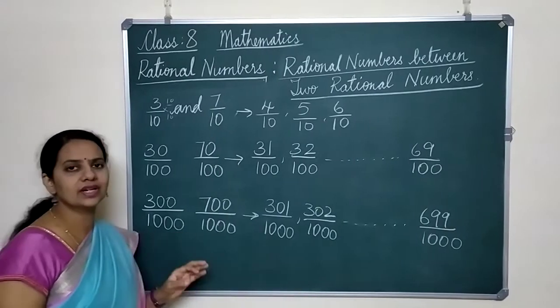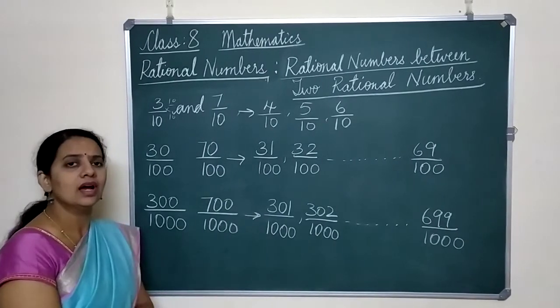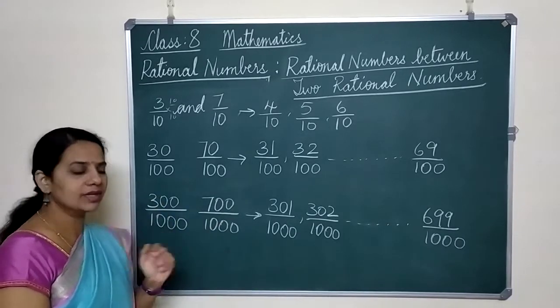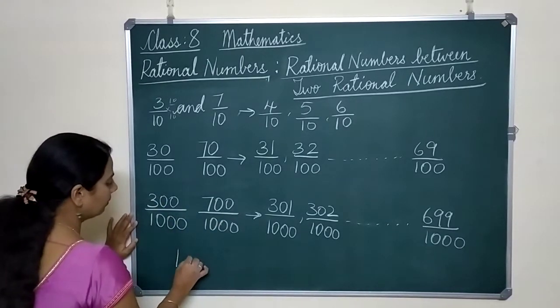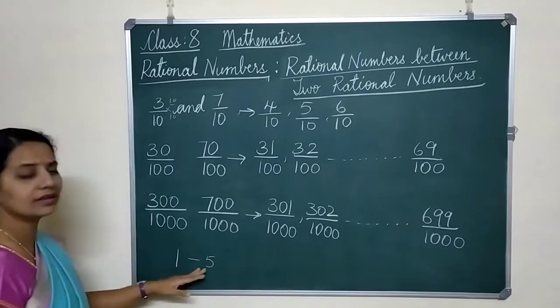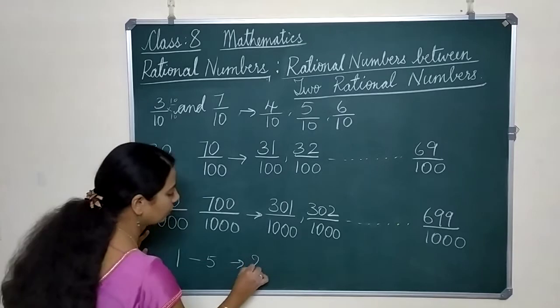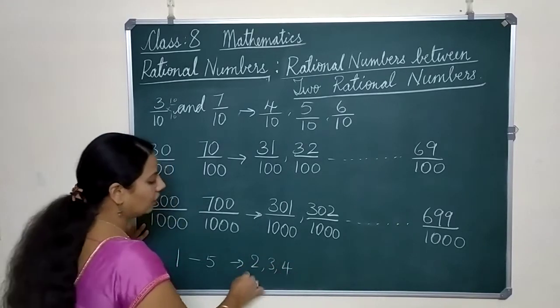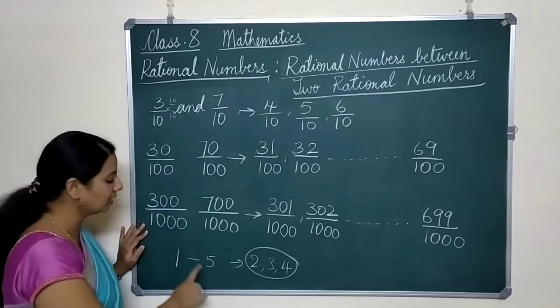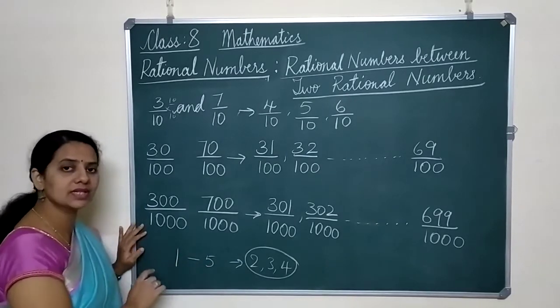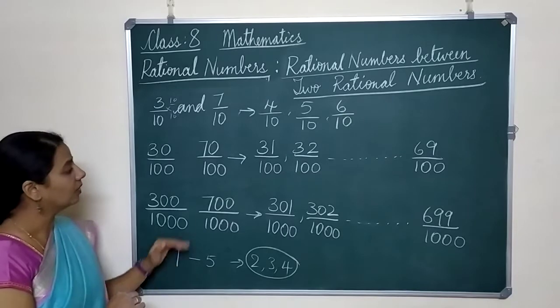So it is very difficult for us to find out how many exactly are there. Like in your natural numbers, say for example we took 1 to 5. How many are there in between these two? 2, 3 and 4. Only these 3 numbers are there in between. But this is for natural numbers. What about rational numbers?